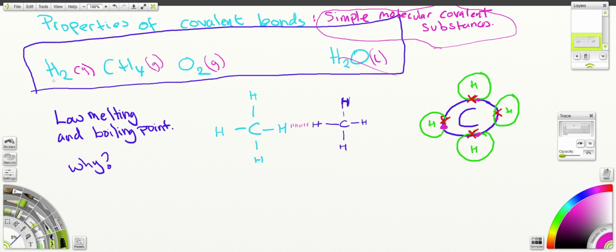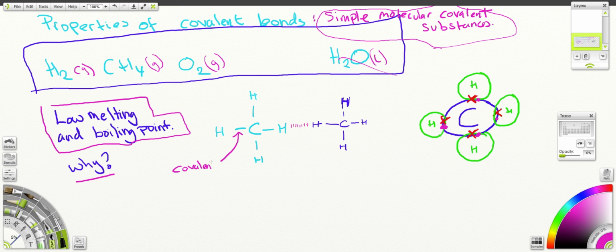Now, because these are gases and a liquid at room temperature, that tells you they have a low melting and boiling point. But the question is, why do they have a low melting and boiling point? Covalent bonds are quite strong, and this is a representation of methane, CH4. The bond between the carbon and the hydrogen is quite strong because it's a covalent bond.